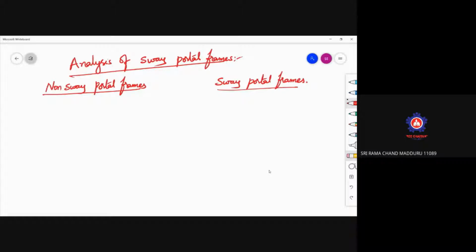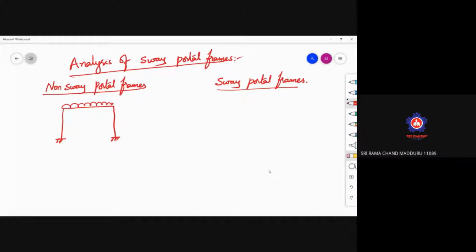Now you can see non-sway is nothing but when you consider a portal frame like this, due to the application of the loading, there will be no horizontal deformation. There is no horizontal deflection. Sway is nothing but a horizontal displacement of the member.